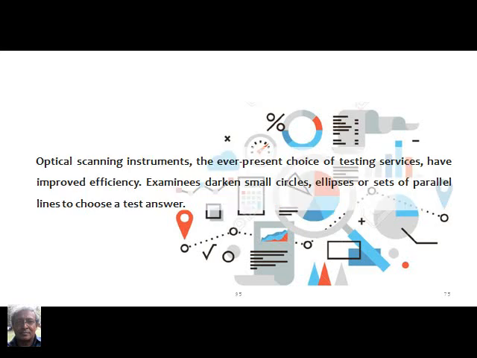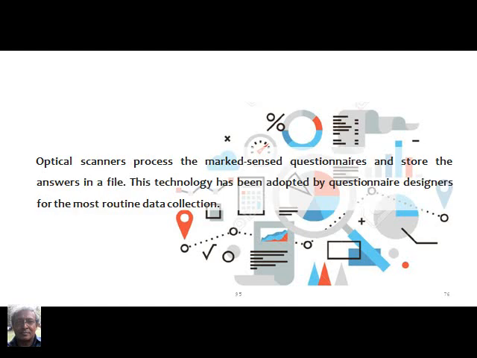Optical scanning instruments, the ever-present choice of testing services, have improved efficiency. Examinees darken small circles, ellipses or sets of parallel lines to choose a test answer. Optical scanners process the marked sensed questionnaires and store the answers in a file.